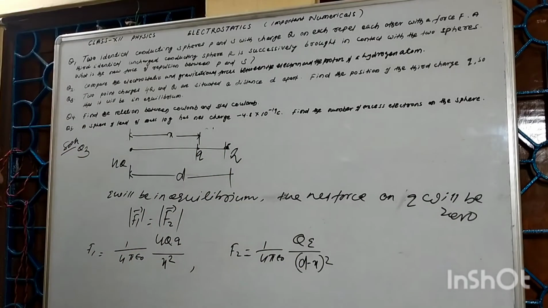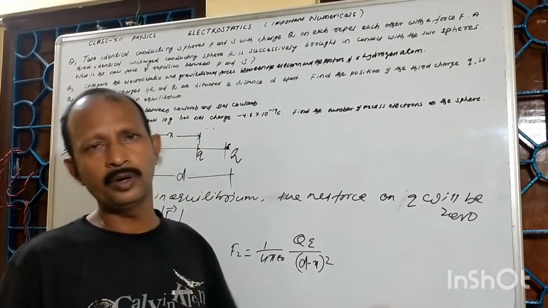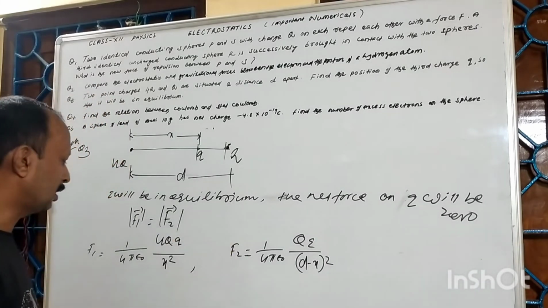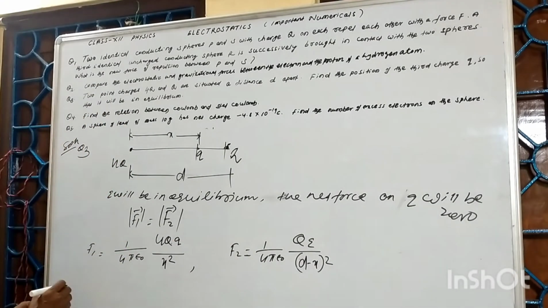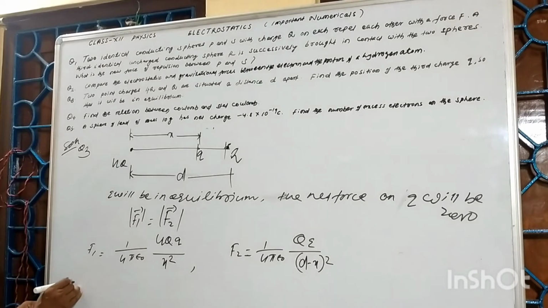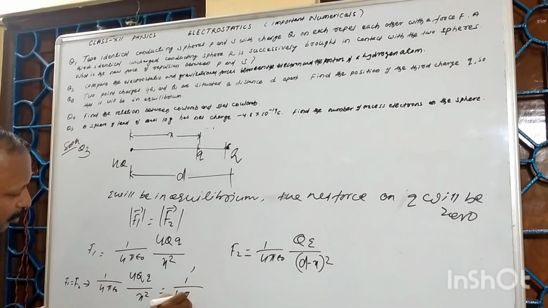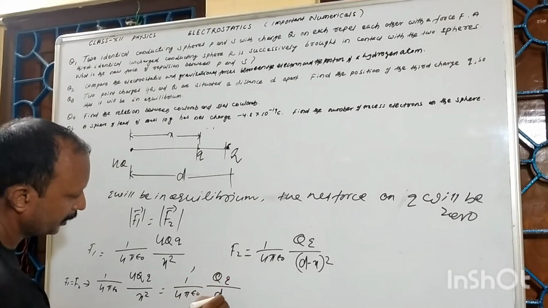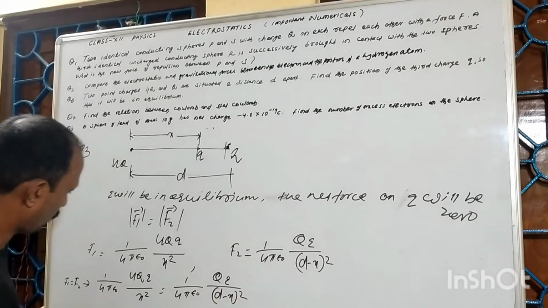But I said that since q will be in equilibrium, the net force acting on it will be 0. That means F1 will be equal to F2. So I can say that 1 upon 4 pi epsilon naught 4Q into q by x square is equal to 1 by 4 pi epsilon naught Q into q divided by d minus x square.